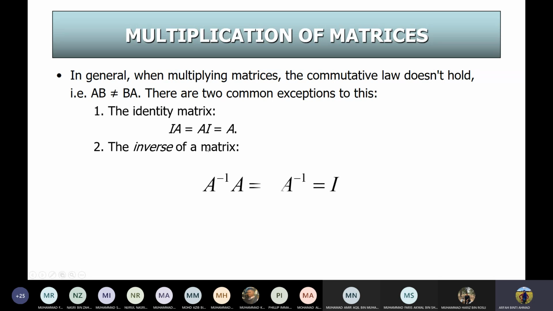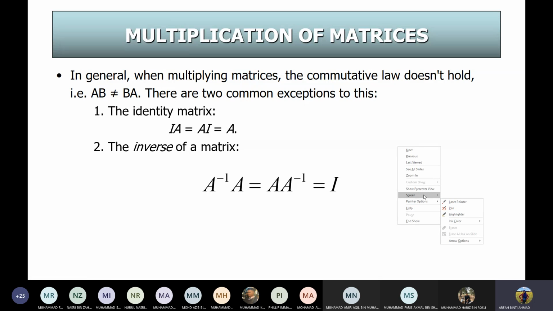So ia juga tidak terpakai untuk case inverse of a matrix. So kalau inverse matrix A darab matrix A akan sama juga dengan matrix A darab dengan inverse matrix A. So akan sama dengan I. Okay.